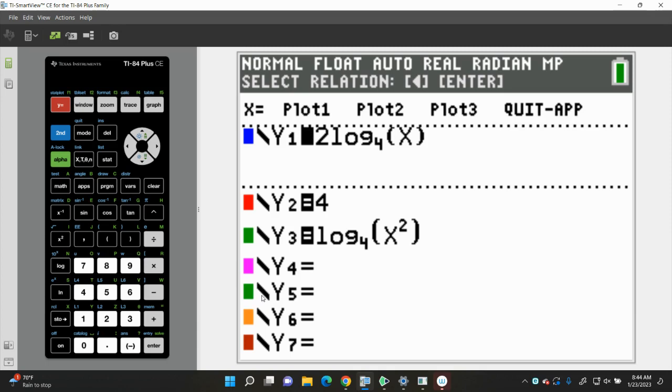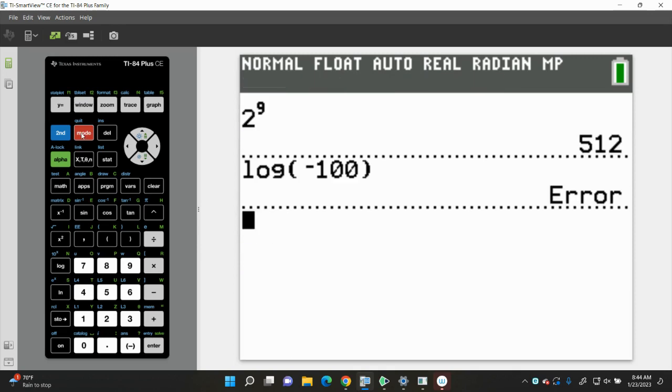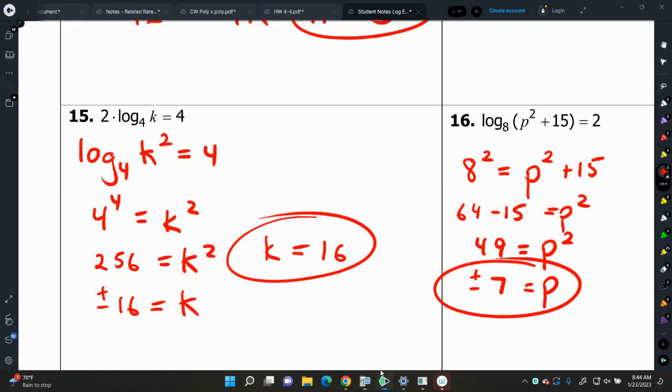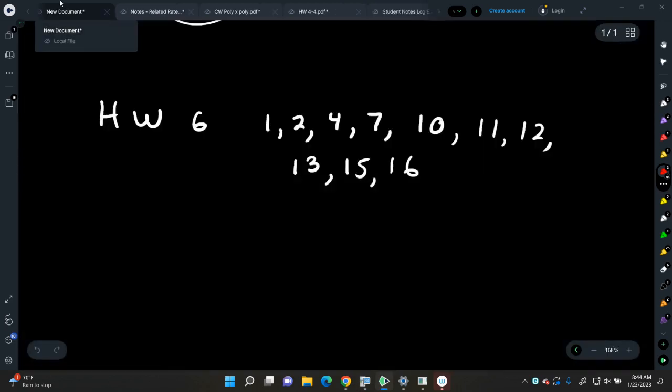I don't know why it doesn't do that. If we're bringing the 2 in front, I have to look that up. I'm not 100% certain on that one, and I would just be guessing, and I don't want to do that. So I will look that up, but for now, do what I did and use your calculator to check it with the graph if you're not sure.